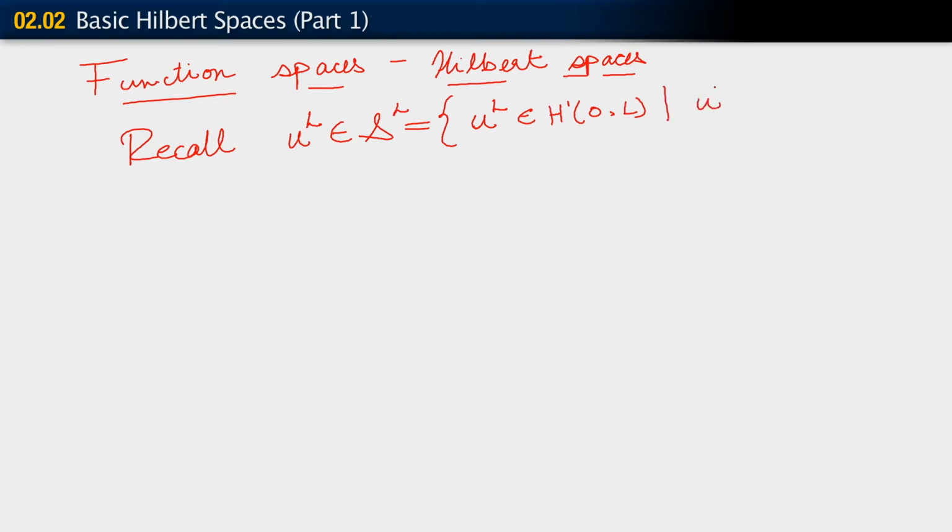And apart from that, we said that UH just needs to satisfy the Dirichlet boundary condition. What we're going to do in this segment is focus upon an introduction to the ideas that are behind these sorts of function spaces, H1.